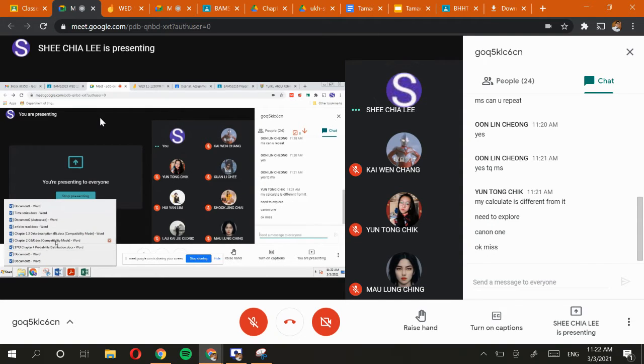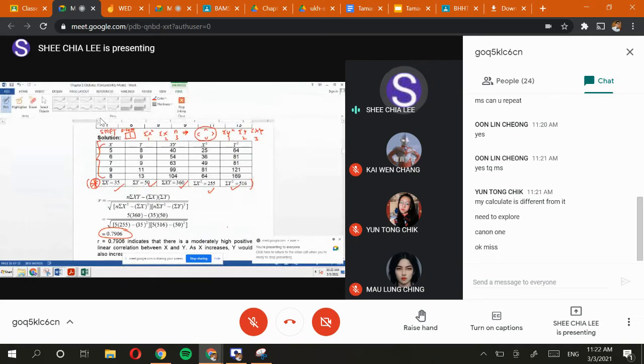Okay. So for this one, come back to this one. You want to check the R. This round you press shift number 2. Then you can see your X bar. Then go to the right. Press the right button, you can see the Y bar, then go to the right again, you can see the A, B, R, correct?